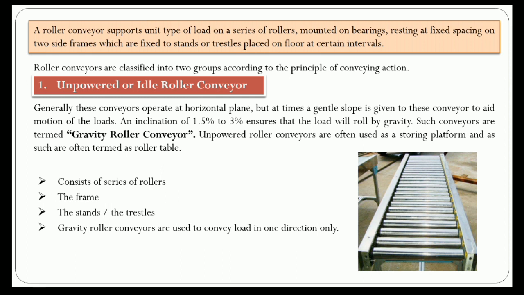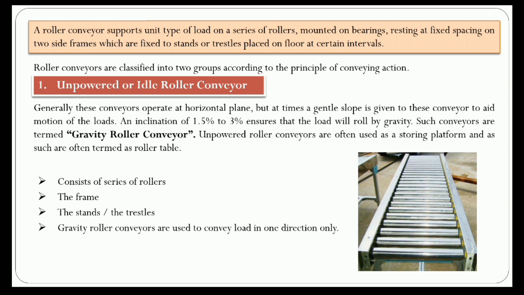Now in case of roller conveyor, you have already seen this type of roller conveyor in different transportation areas like bus station, train station, airport. You have seen this type of roller conveyor, which is used to convey our luggage from one place to another through the scanners.